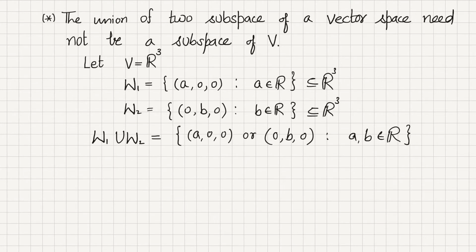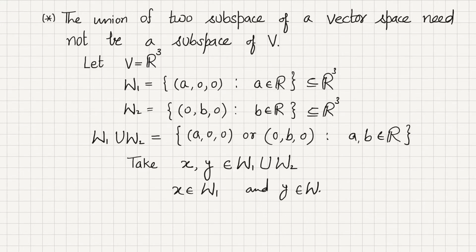Take any two elements in the union. Suppose x comes from W1 and y is from W2. So x will have the form, for example, (a1, 0, 0), and y will have the form (0, b1, 0), because W1 and W2 are defined like this.